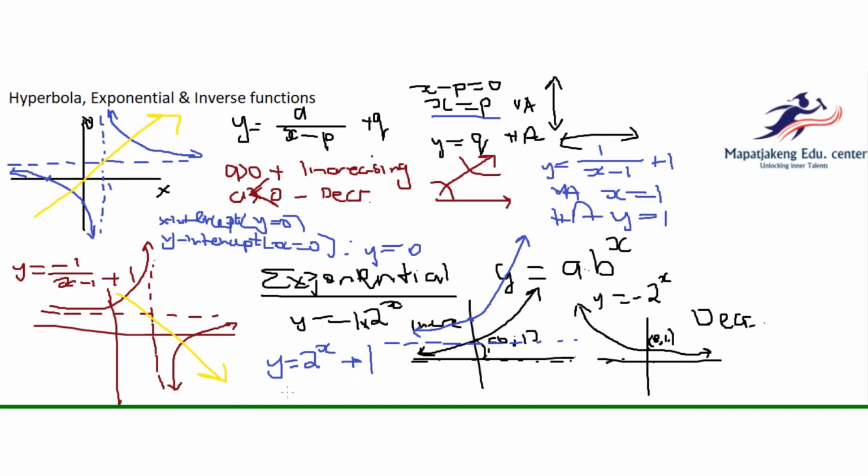Makes sense? The same applies. Let's use a different color. When you have y is equals to 2 to the exponent x minus 3, it means the original 2 to the exponent x, which is the black one, goes 3 units down. Then this point is going to move from 1 to 0 to -1 to -2.